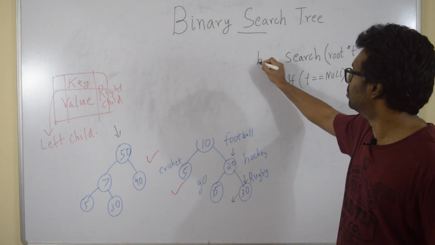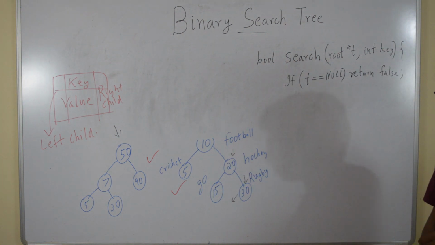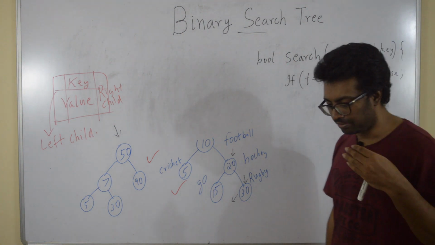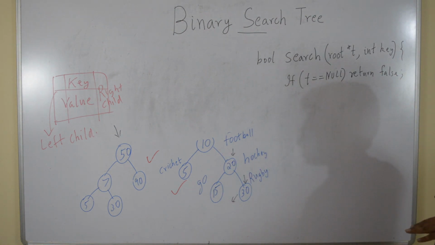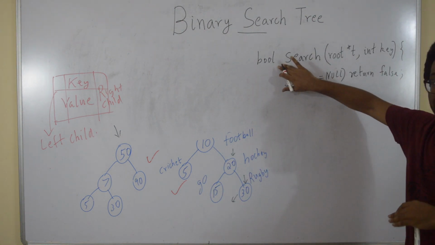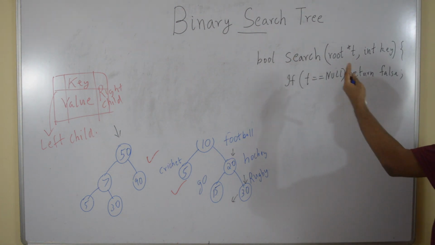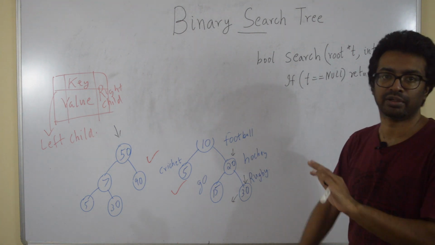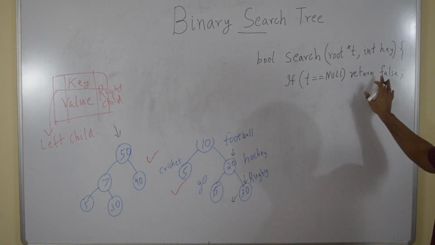So the return type is bool. I'm just returning whether the word is there in this tree or not. You could have returned a value if you had wanted, an integer or string, whatever the value is. I'll just keep it to bool. So if t is null, I'm going to return false.